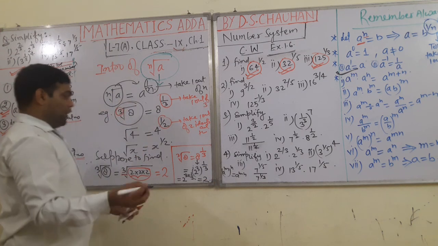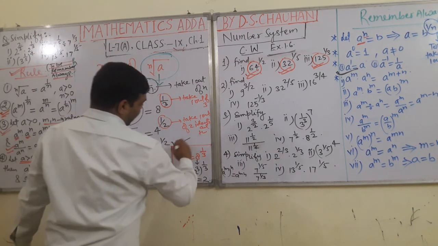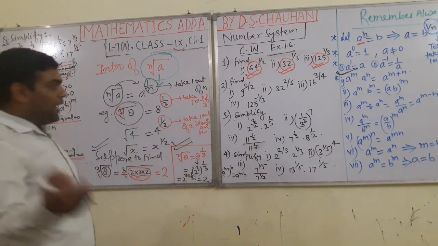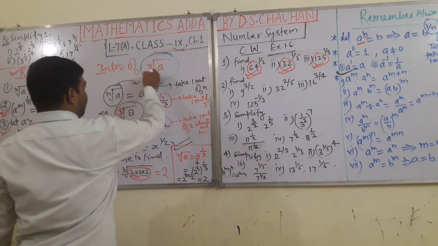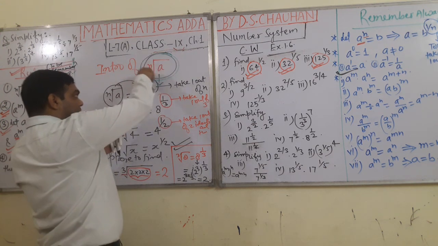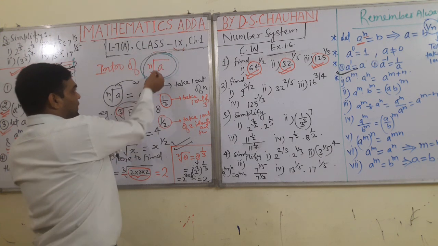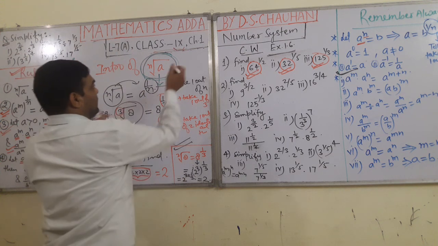So it is 2 again. Either you go through this method or this method, very easily you can solve, students. Remember always, if somewhere it is written in this type, it is indicating a to the power 1 by n.